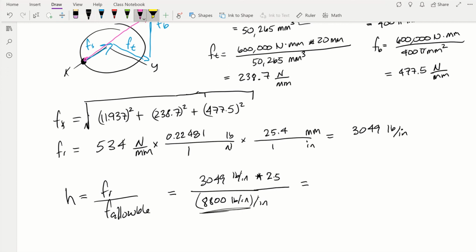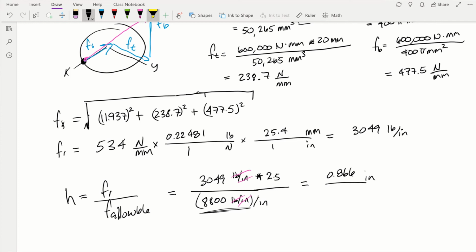Let's look at what's going to happen to the units. Pounds per inch is going to cancel with pounds per inch. But remember, this quantity is on a per inch basis, right? So this inch on the denominator of the denominator is going to go to the numerator. And so basically, whatever comes out of the calculator is going to have units of inches. Well, if I plug it in the calculator, I get 0.866 inches.